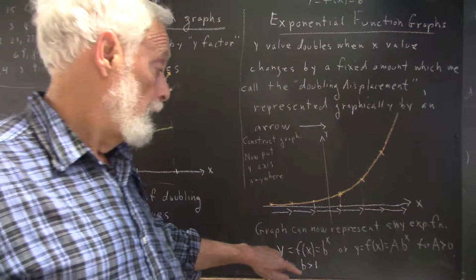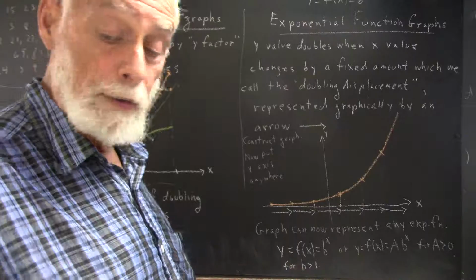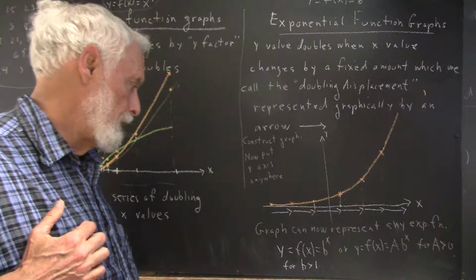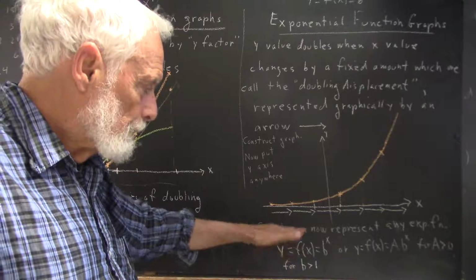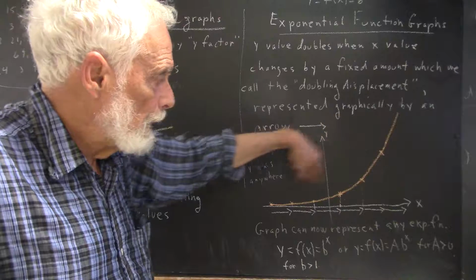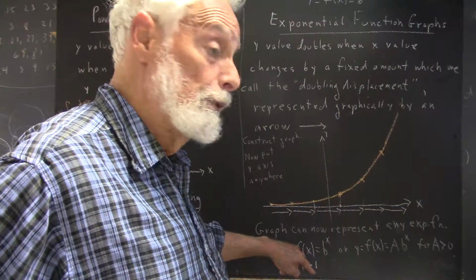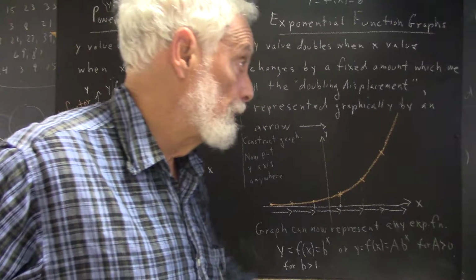Now, if b is less than 1, we can also construct the graph, and we'll talk about that. It's really a simple change that we have to make. But for right now, there are some restrictions. This graph represents a graph of b to the x as long as b is greater than 1, or a graph of a times b to the x as long as a is greater than 0.